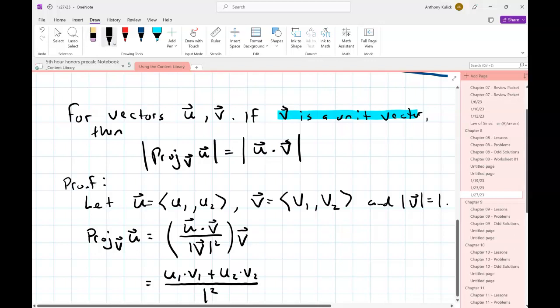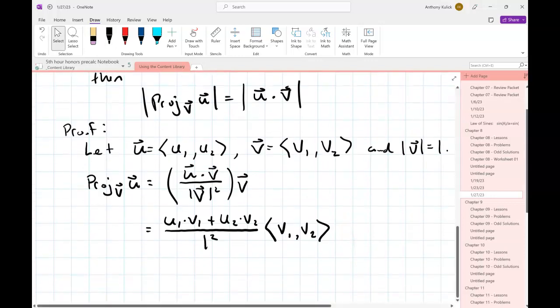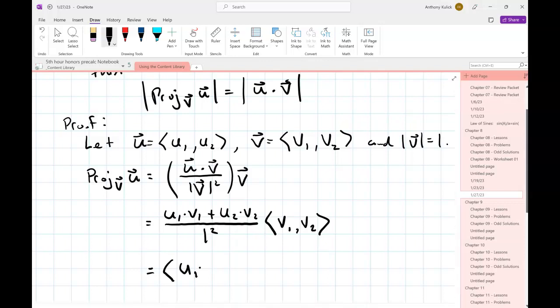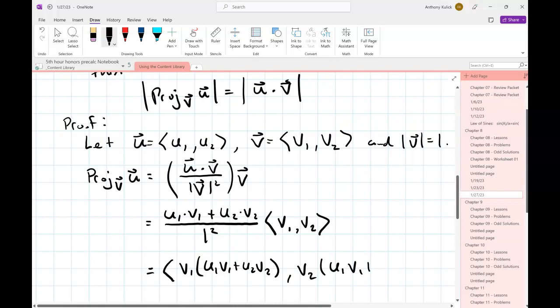And we know the magnitude of v is just 1. So when I do that scalar multiplication, I get u1 times v1 squared. Well, let's write it this way. Probably going to be more convenient writing it this way.